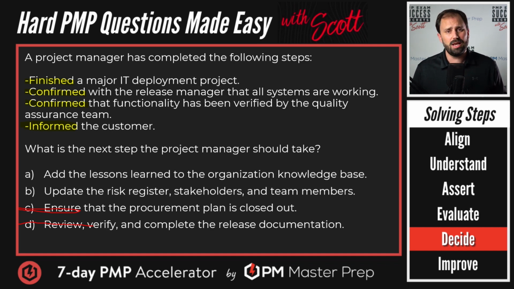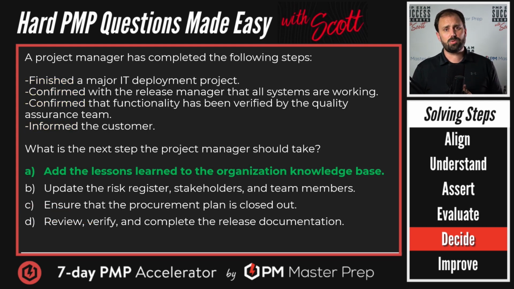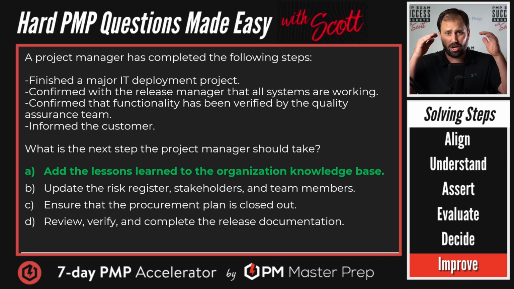I like A because it is a process that we follow when closing out. Make sure that we do the lessons learned run through. Boom, we got it right. That's what we're doing. And whether you get it right or wrong, we always try to improve ourselves by understanding what the areas are that are weird. Could we identify what the closeout procedural processes are? Would those feel reasonable in our mind? Do we need to go back and review those? Because that's where we're learning.